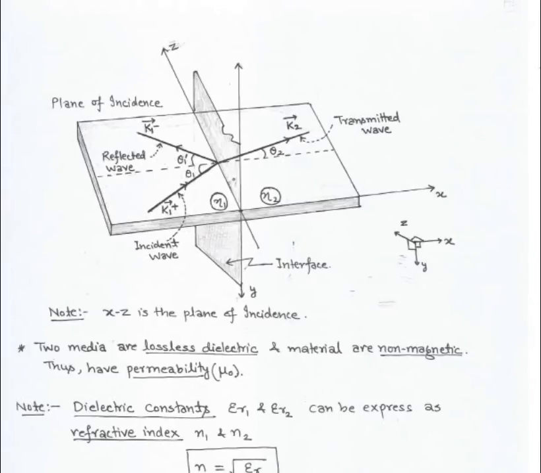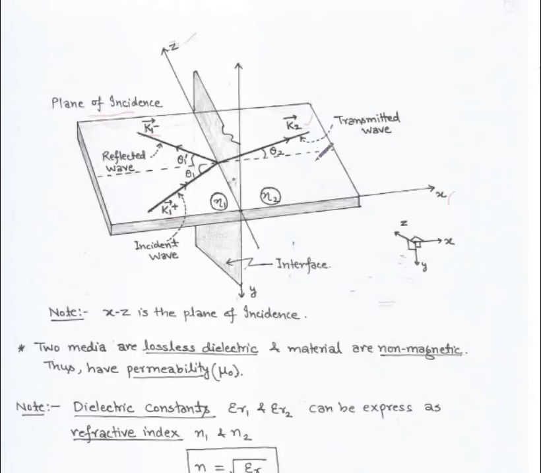Now we discuss the concept of oblique incidence in detail. Here the plane of incidence is situated on the xz plane, where the incident wave is denoted by the k1 plus vector, the reflected wave is denoted by the k1 minus vector, and the transmitted wave is denoted by the k2 vector.